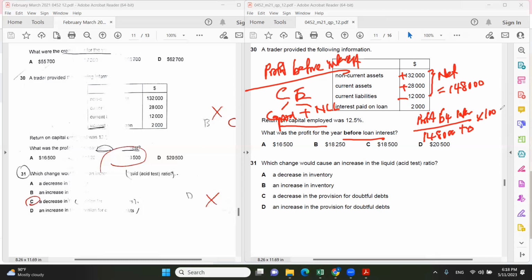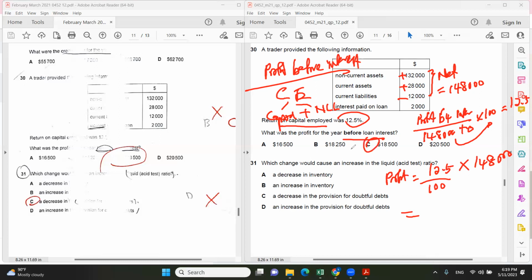Then times 100%, we will get this 12.5. So profit before the interest will be 12.5 divided by 100 times 148,000. So we get 18,500. So the answer should be C.